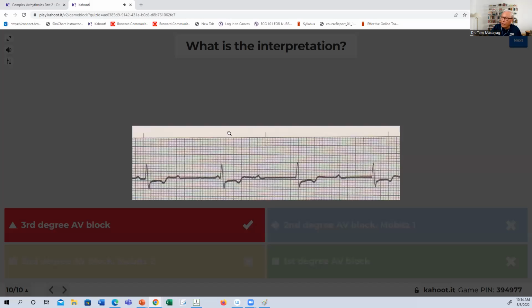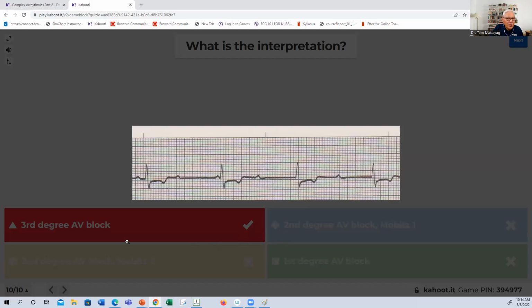Okay, so we have an AV block as evidenced by P waves without any QRS complexes. And the PR intervals are all variable. As you could see, this is long, this is short, this is very long, and so on. And therefore, there's no association between the P waves and the QRS complexes.